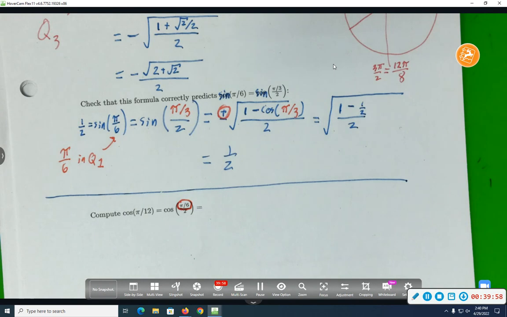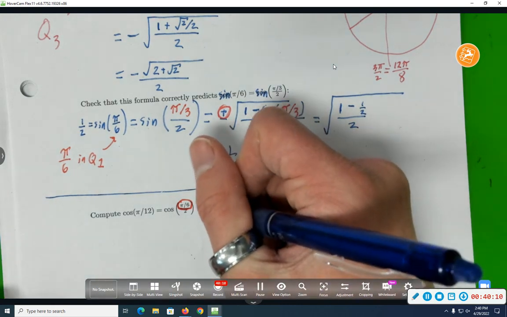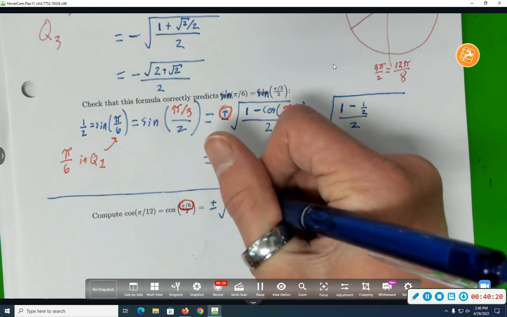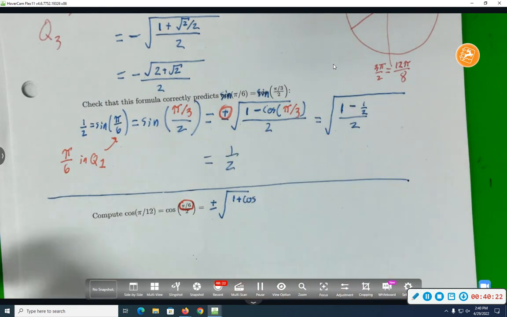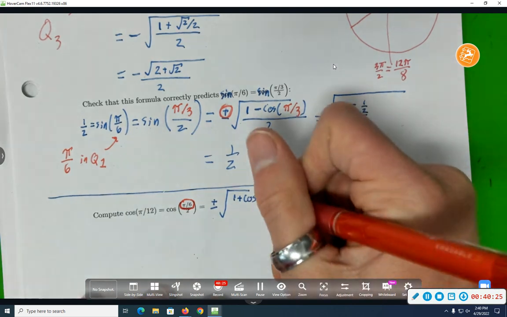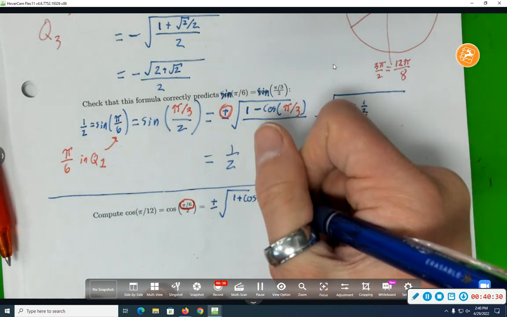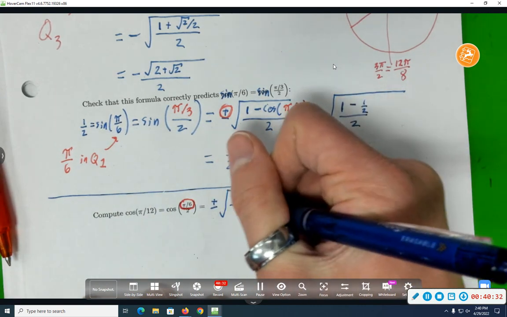So let's try to compute this using the half angle formula for cosine. So the half angle formula for cosine says that cosine of pi over 6 over 2 will be plus or minus the square root of 1 plus cosine of theta divided by 2. 1 plus cosine of the orange angle, all over 2.